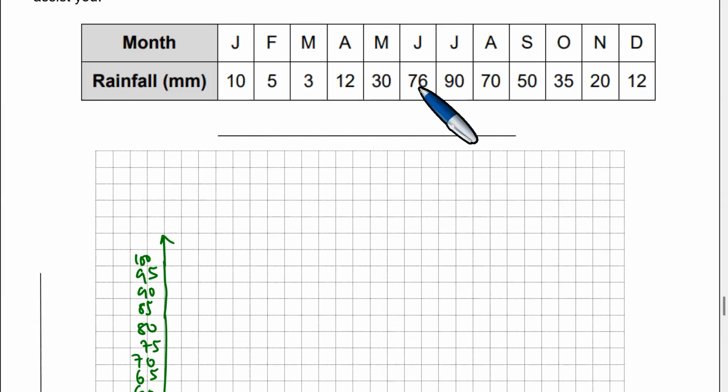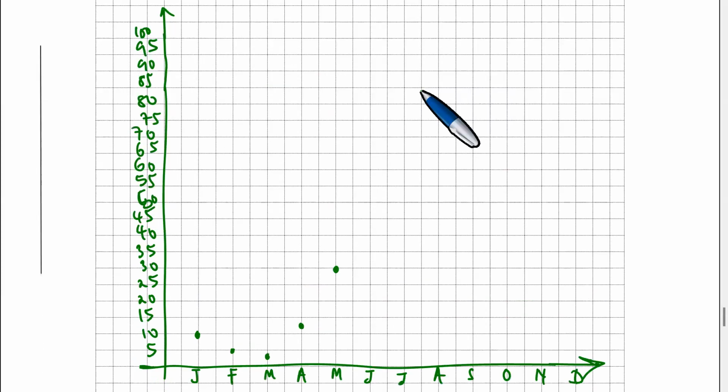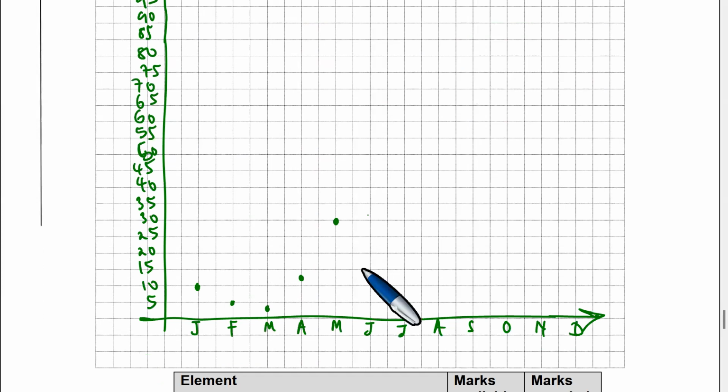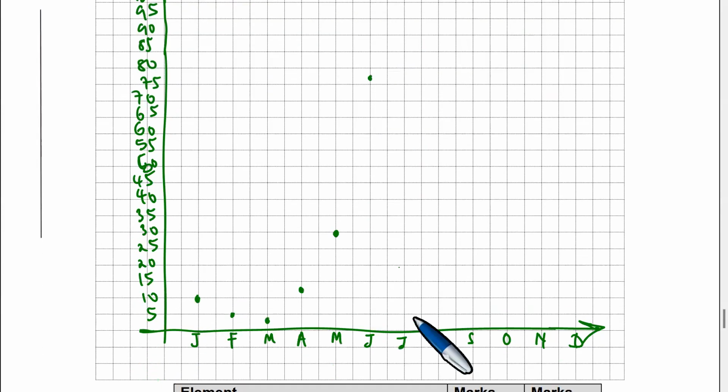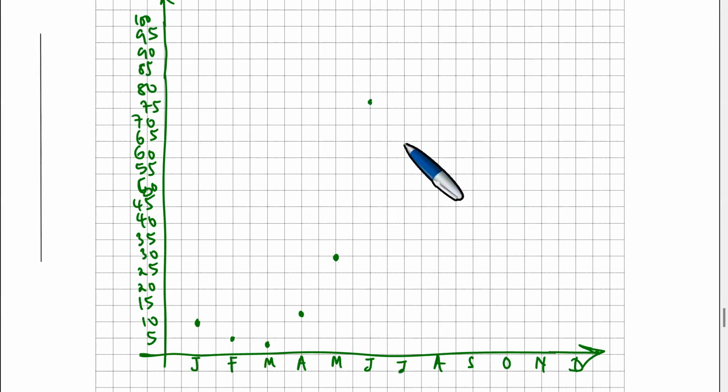June is 75, then just 76, you're above there. Then July is 90. July here is 90.